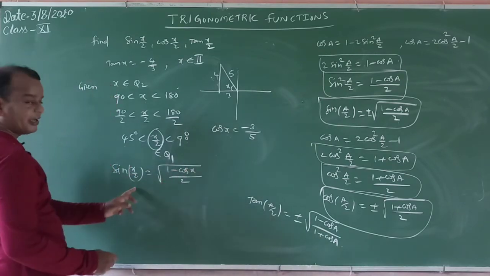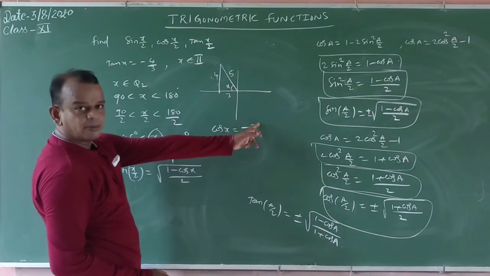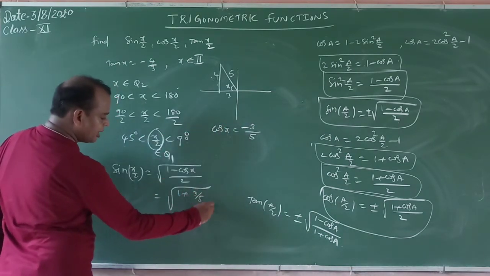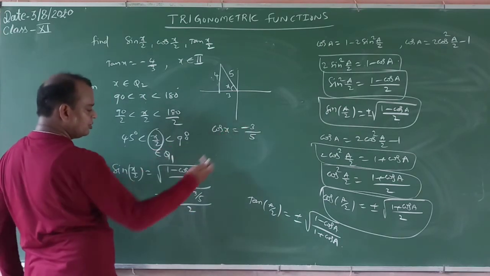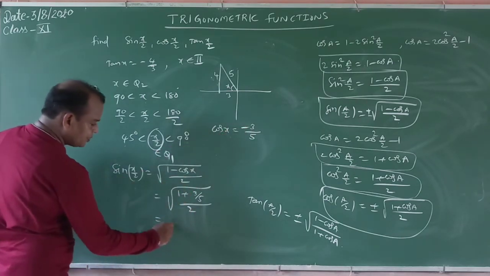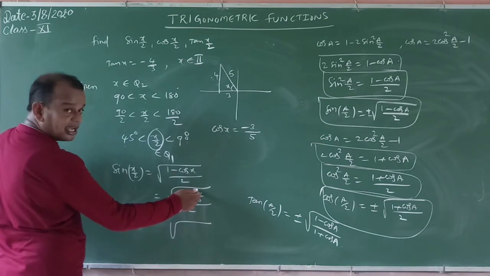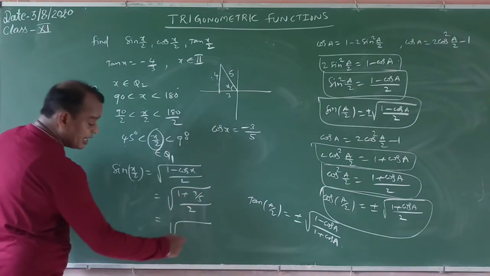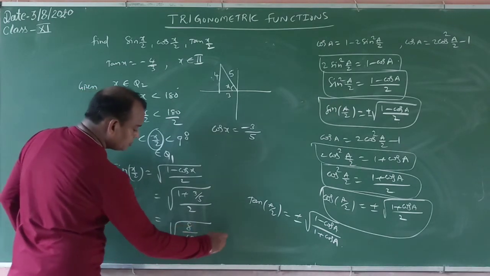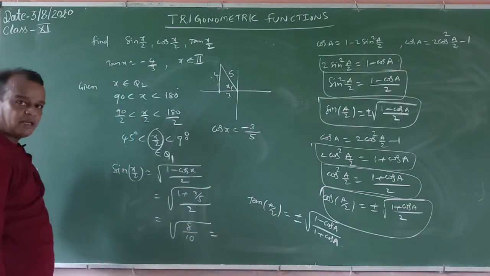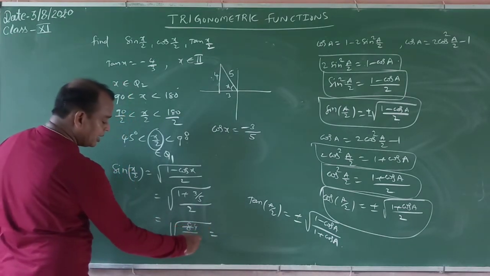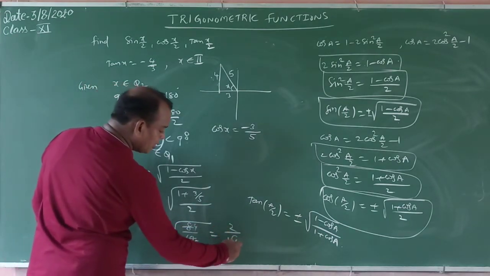Cos x is minus 3 by 5. So under root of (1 plus 3 by 5) by 2. Cos value is negative, and minus negative is positive. Here 5 plus 3 is 8, so 8 by 5 by 2 means 8 by 10, which is 4 by 5. Root of 4 by 5 means 2 by root 5.